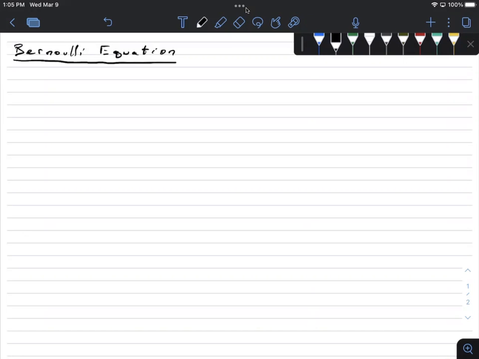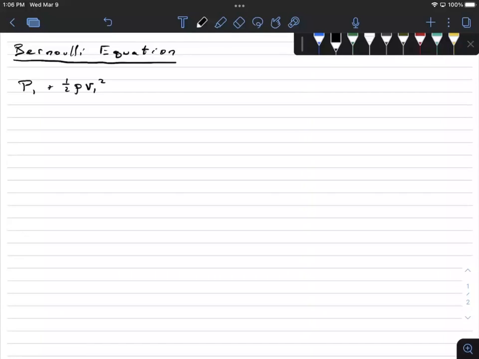And so it says that the pressure at some location in the system, plus a term which deals with how the fluid moves, its velocity. And that term, of course, is 1/2 rho v1 squared. So rho being the density of the fluid.